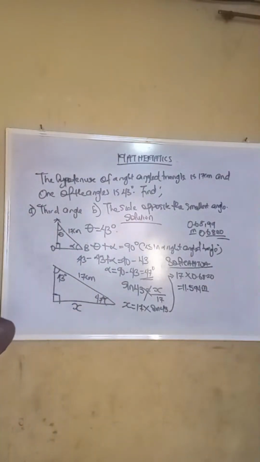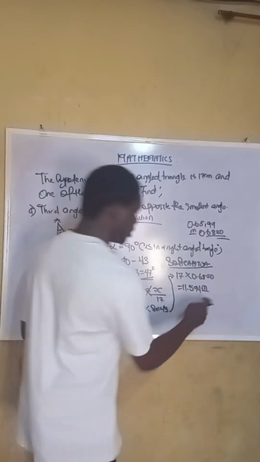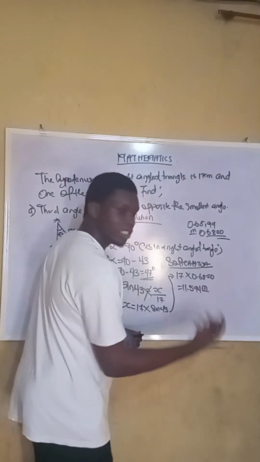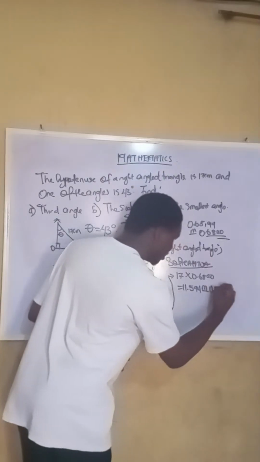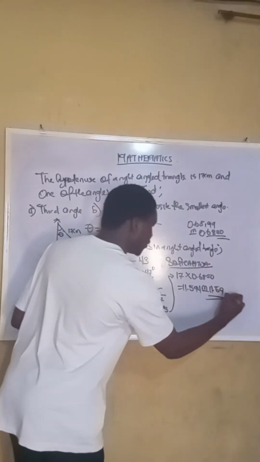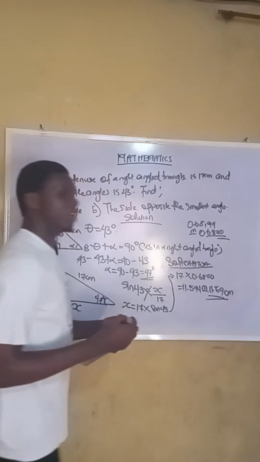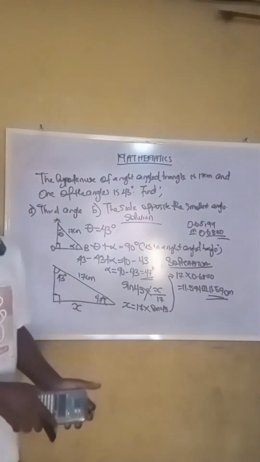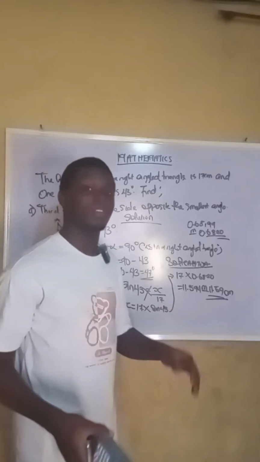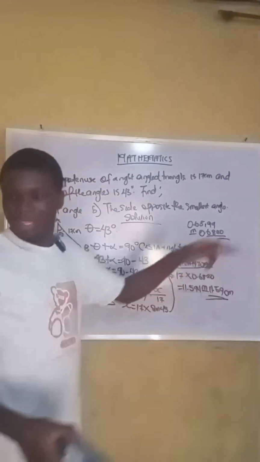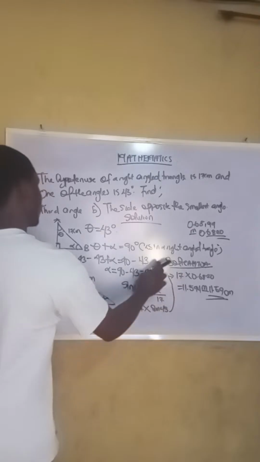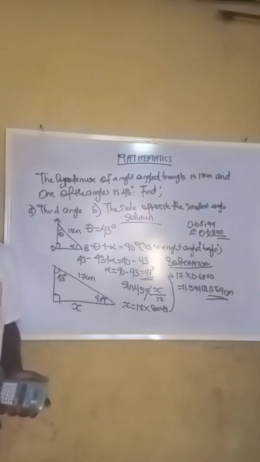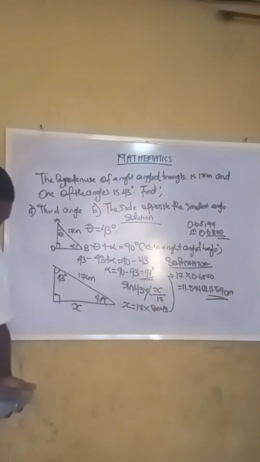We're not asked to approximate, but let's approximate to 11.59 centimeters. Recall you said the side opposite the smallest angle. We are done and dusted for this particular question. If you have any question, feel free to ask.